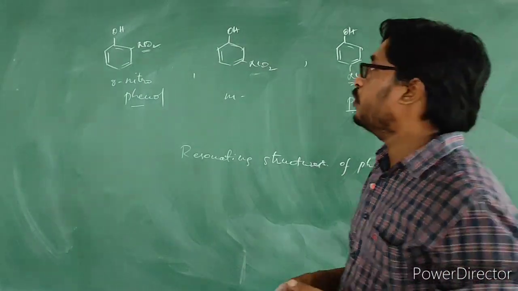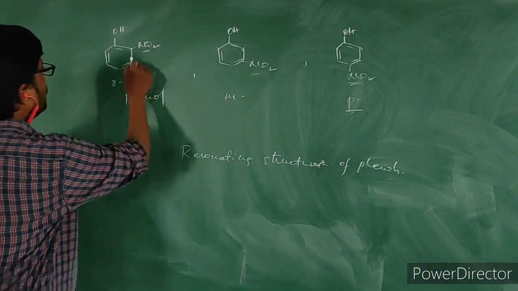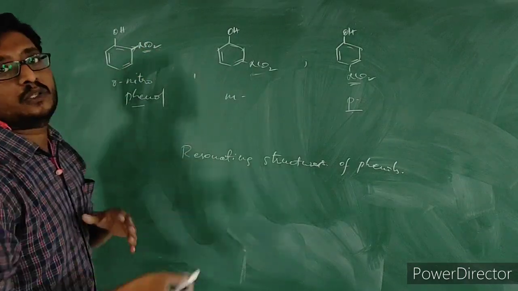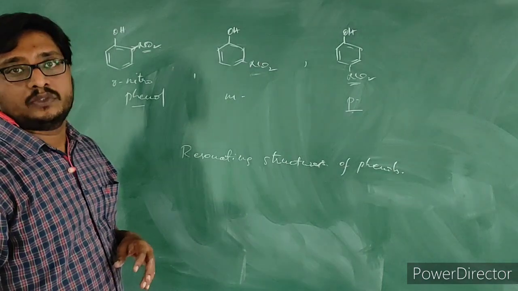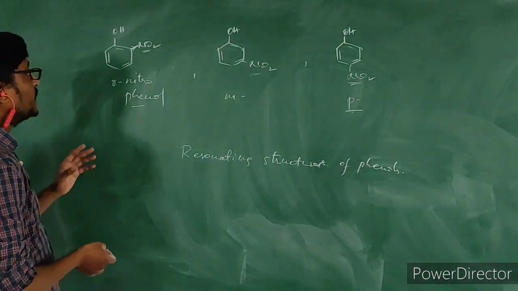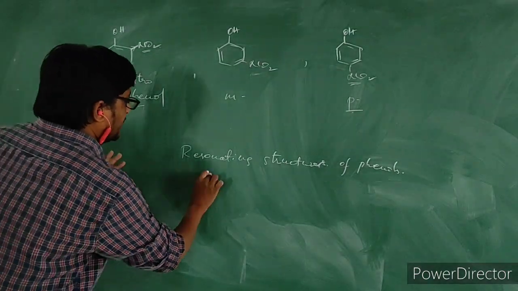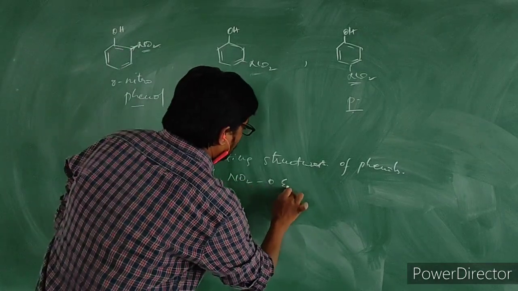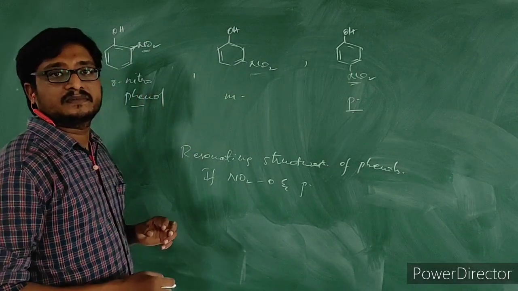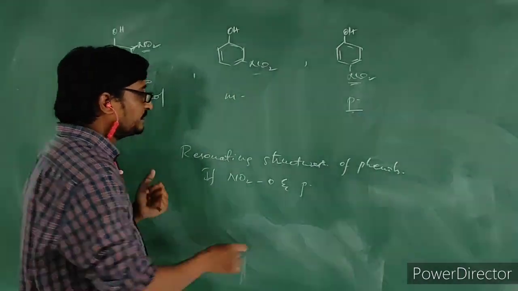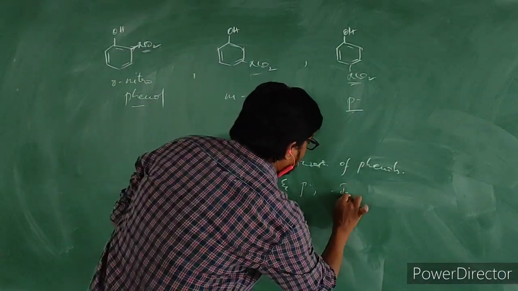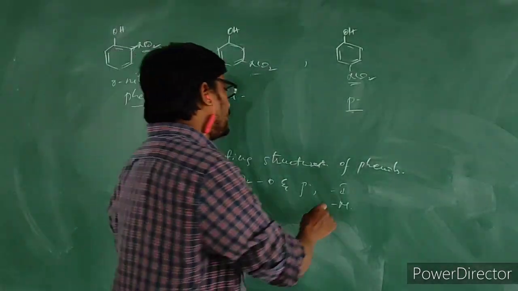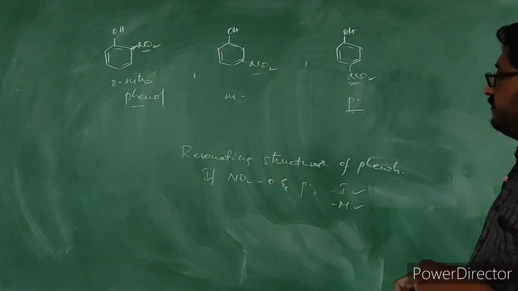And one more thing, the NO2 group will withdraw the electrons. If the NO2 group is present at ortho and para position, it will show minus I effect and minus M effect. Two effects will show, negative inductive effect and negative mesomeric effect.